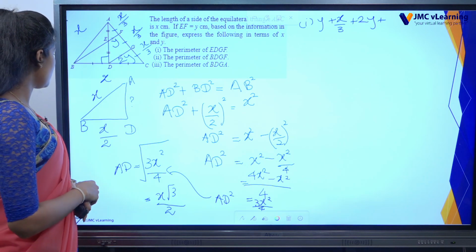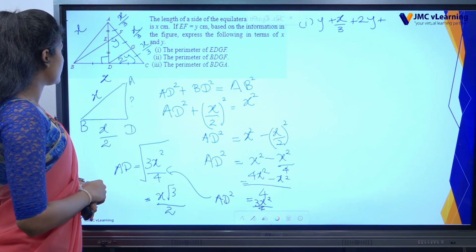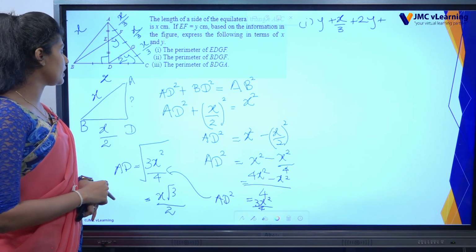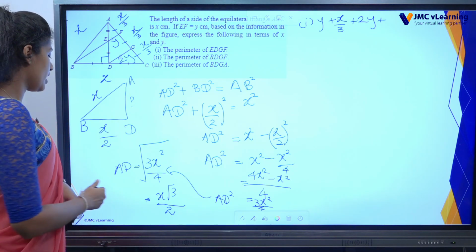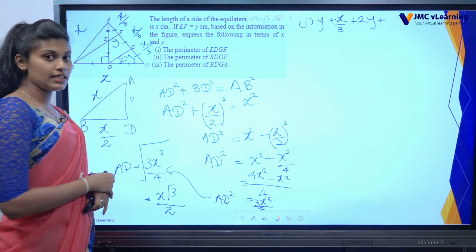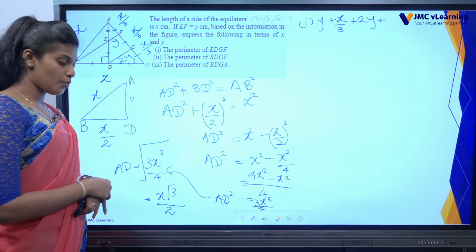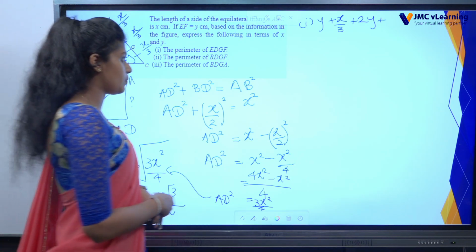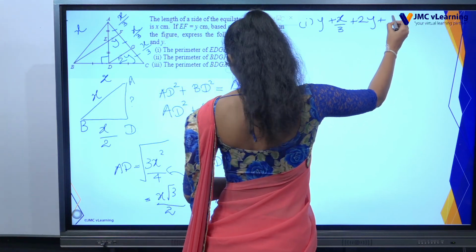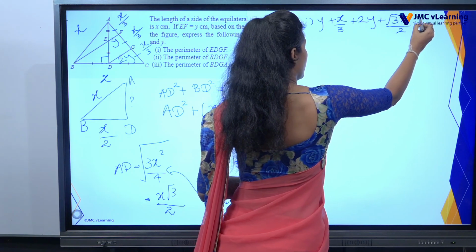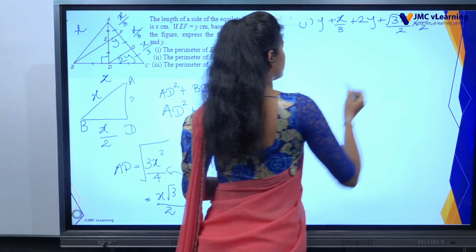Then what is the value of ED? To find the value of ED, what you have to do? Here we have found the value of AD. ED is half of this value. Let's take half of this value. It is root 3 x over 4.